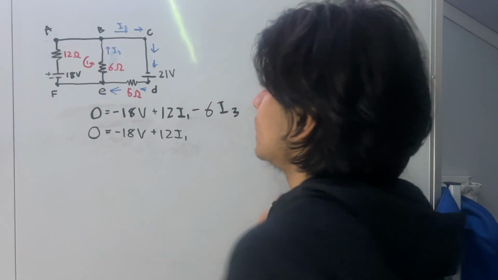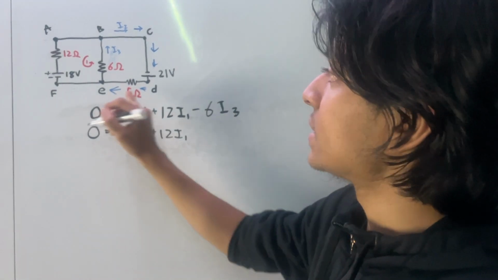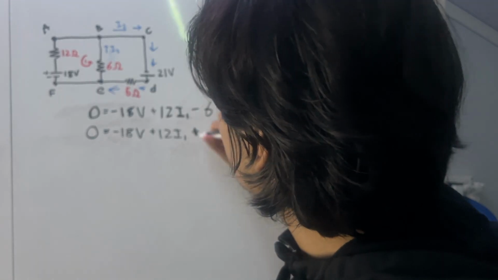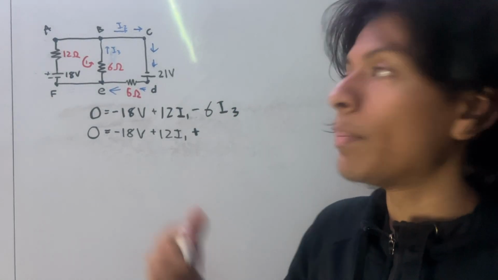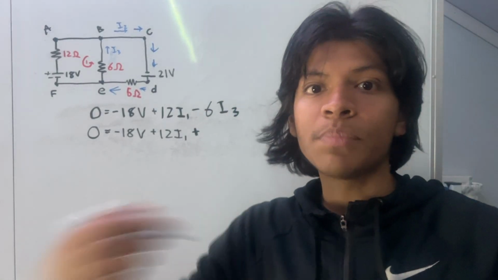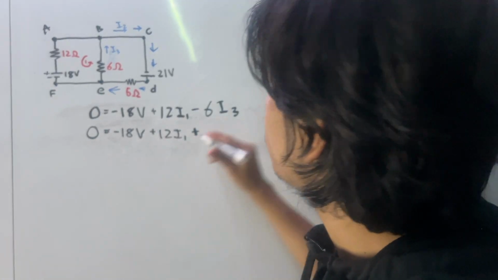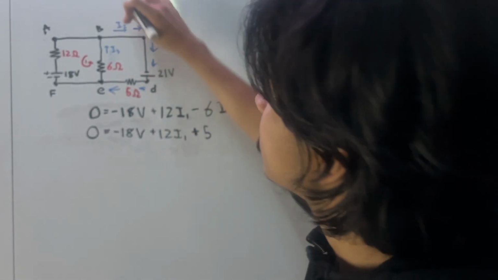That tells us the potential across this 5 ohm resistor is going to be positive. Again, opposing the current is positive potential, going with the current is negative. So we have plus 5 ohms times the current I2.